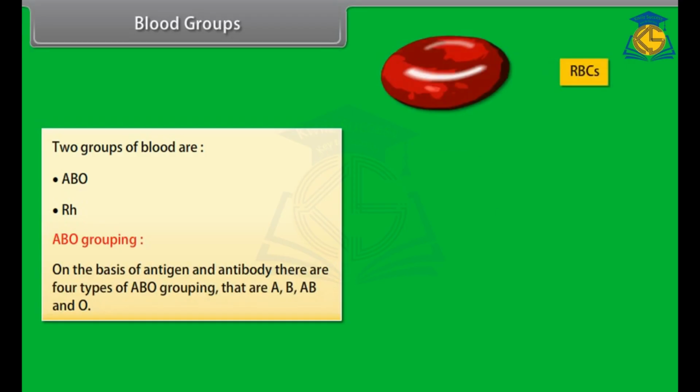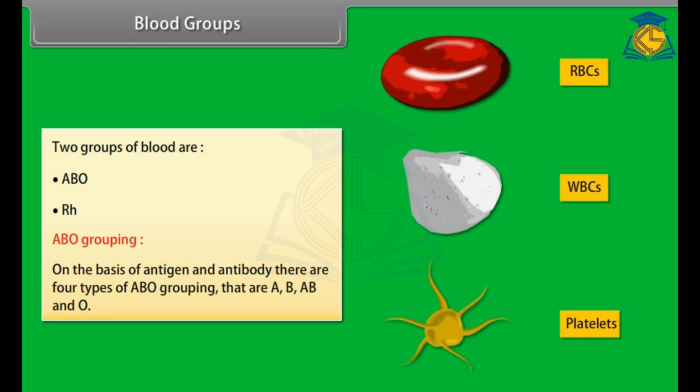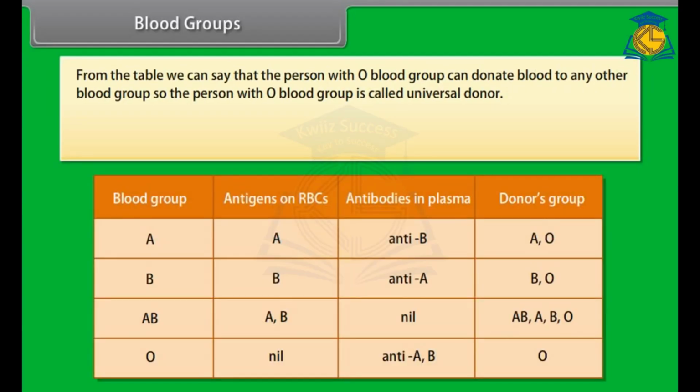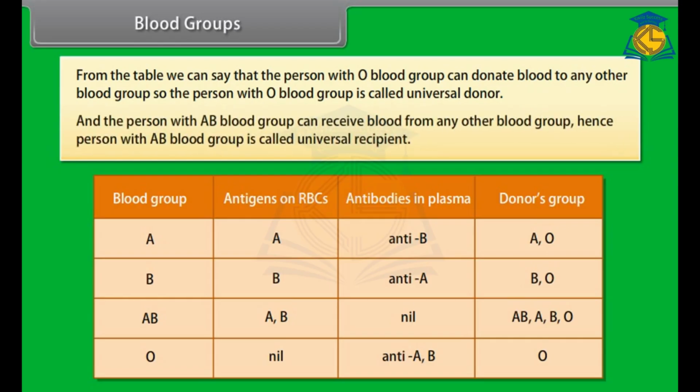On the basis of antigen and antibody, there are four types of ABO grouping: A, B, AB and O. From the table we can say that the person with O blood group can donate blood to any other blood group, so the person with O blood group is called a universal donor. And the person with AB blood group can receive blood from any other blood group. Hence, the person with AB blood group is called a universal recipient.